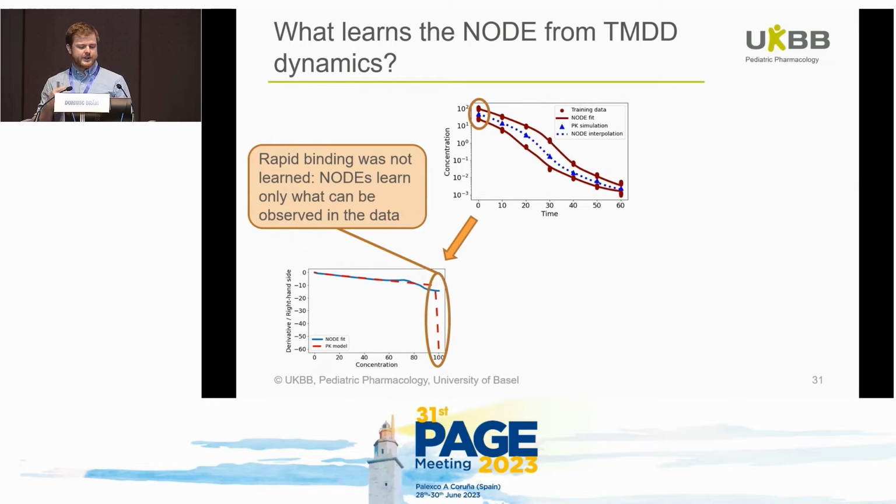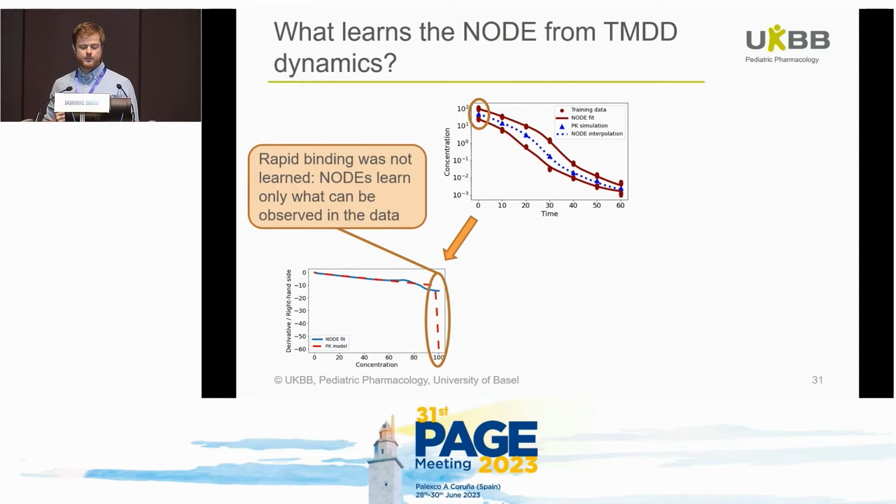So we plot the derivative against the concentration, and we see that there is something different. This initial drop, which is related to the rapid binding, was not learned by the NODE. And this is because in the beginning of the curve, at the high concentrations, we have not very densely sampled measurements, and we cannot see this drop in the data.